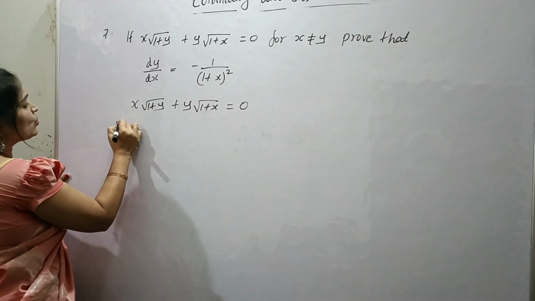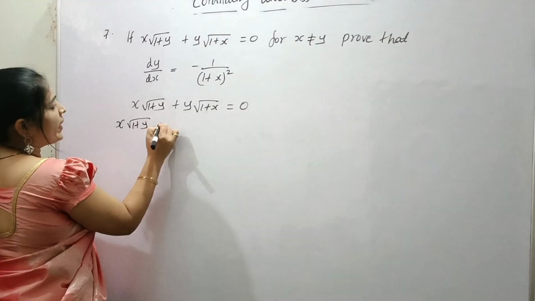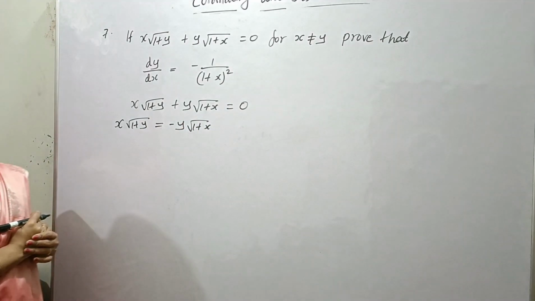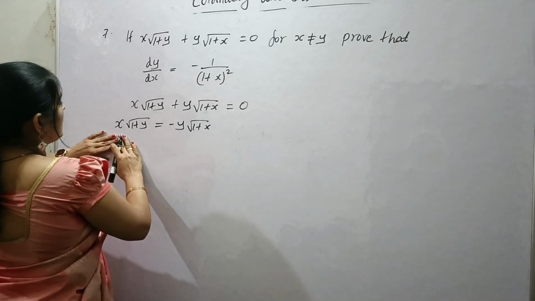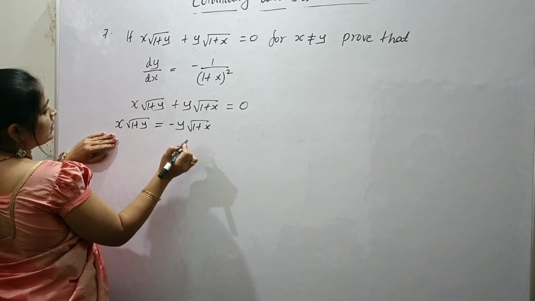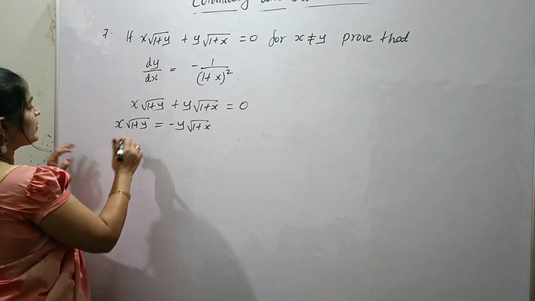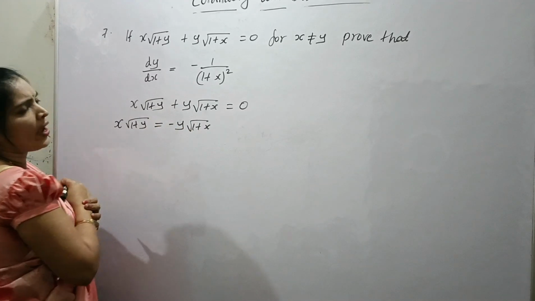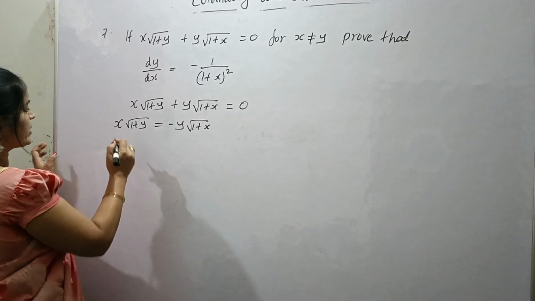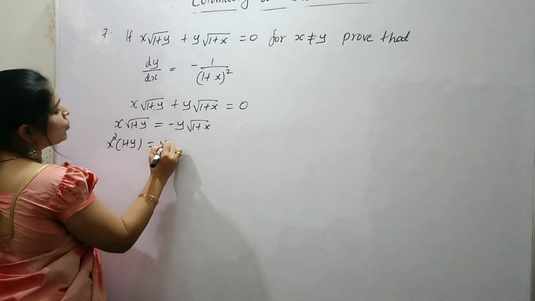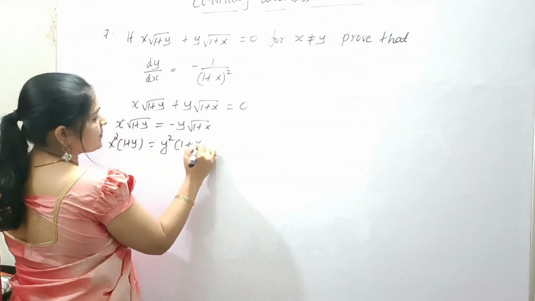So x into root of 1 plus y is equal to minus y root of 1 plus x. Then square on both sides to cancel the square root. We can cancel the square root very easily by squaring on both sides. So it will be x square into (1 plus y) is equal to y square into (1 plus x).